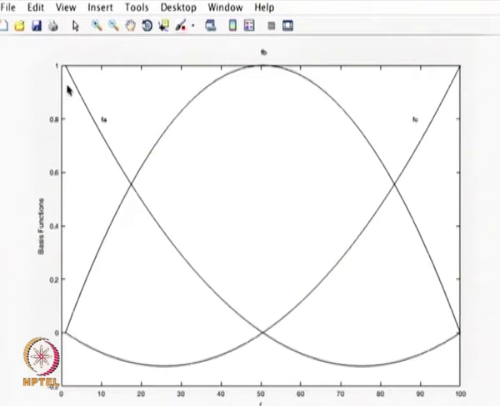So what you see is f of A is going to have the maximum value at A, and it will have 0 values in both C and B. So this is the center value, so both at C and B it will be having 0 value, whereas it goes to sub-zero level in between C to B. Similarly, the value for B will be 0 in both A and C, whereas it will have the maximum value at the center, and the C value is going to have the maximum value at the end, whereas it is going to be 0 in between.